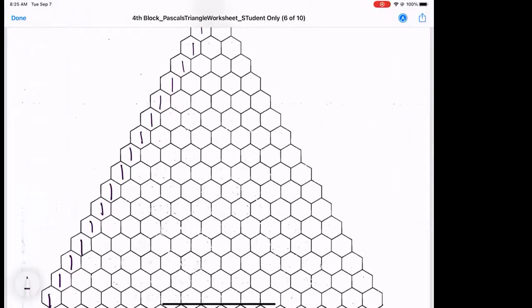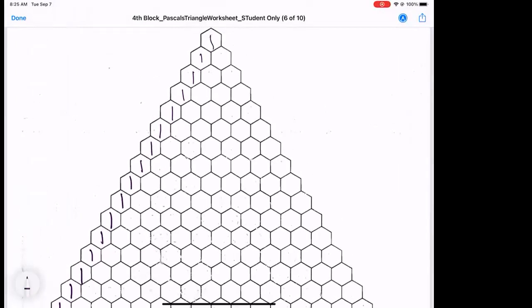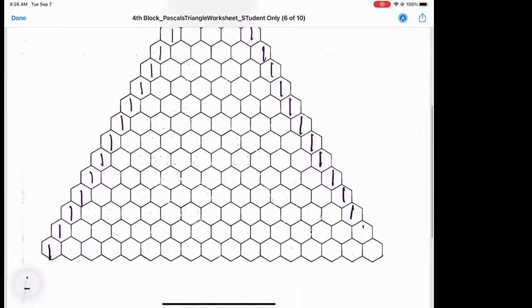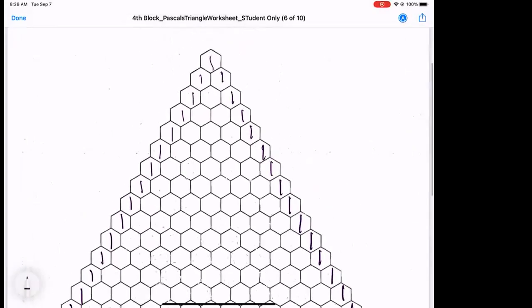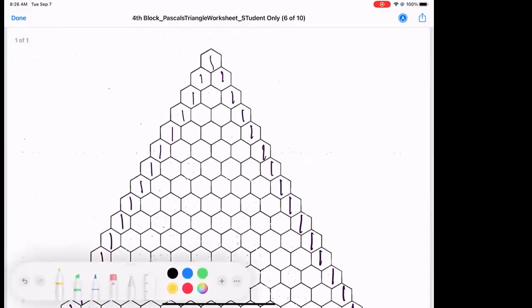Now, your other side. 1, all the way down. The way that you derive is the two that are touching.